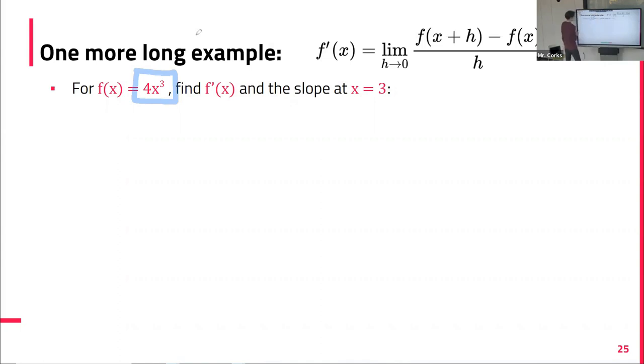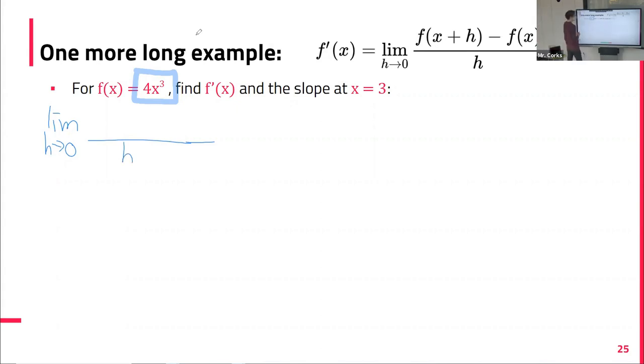4x cubed. All right. So limit as h approaches 0 of this whole thing here. So our h on the bottom is always there. So that's simple. That's easy to think about.